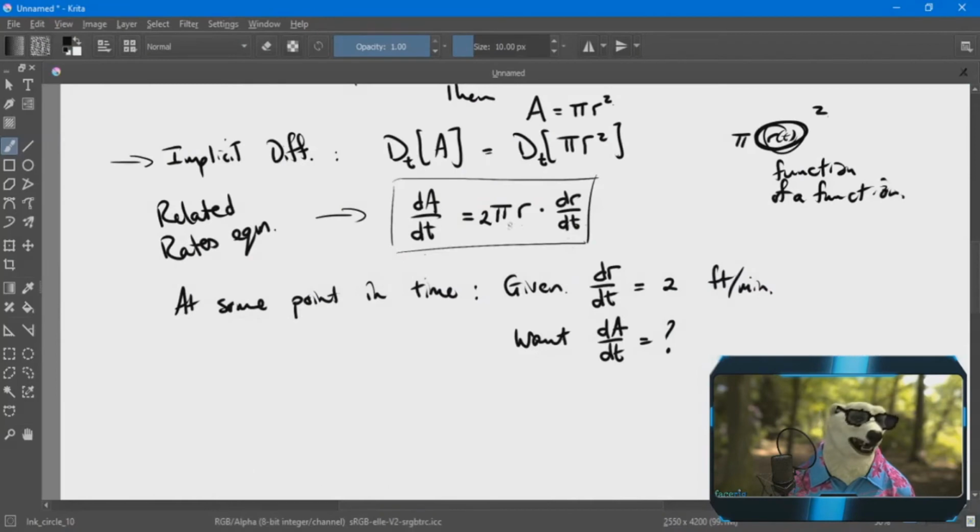And you see in this related rates equation, we have 3 things that we don't know. Only one of them can be missing, the one we want to find. We're going to have numbers for the other ones. So we need R as well.